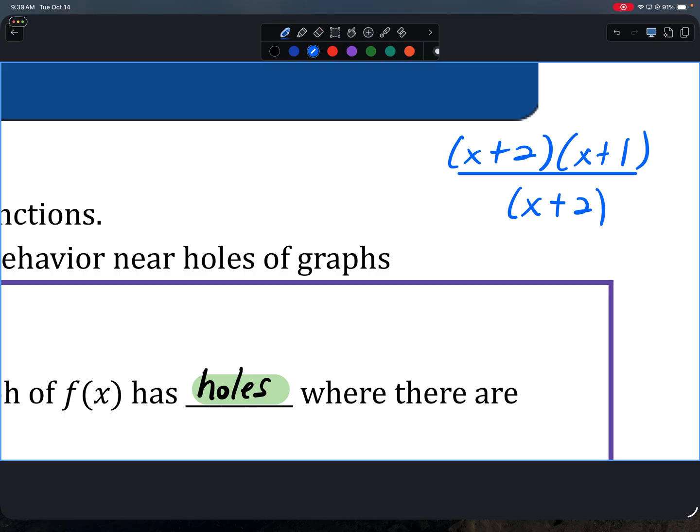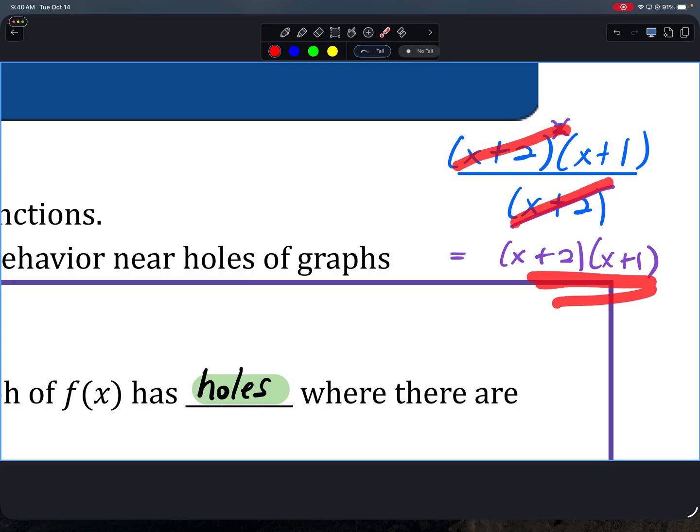If I were to write squared up top, that means that this would cancel and this would cancel, and I'd be just left with x plus 2 times x plus 1, where because one of these canceled with this, that means there is a hole there. That's the difference, okay?